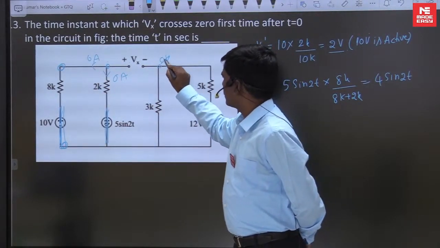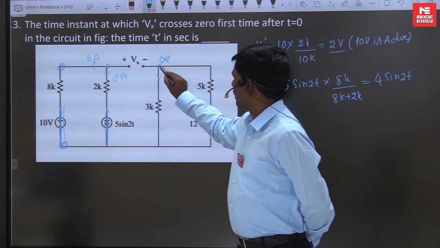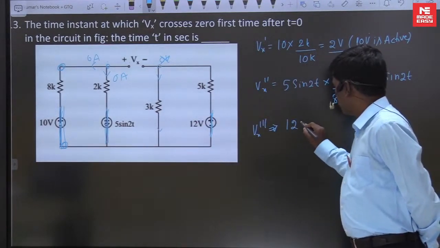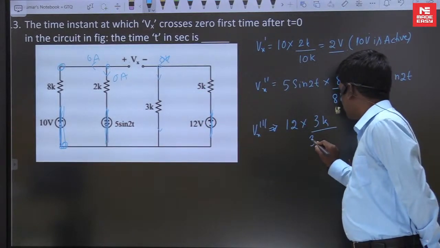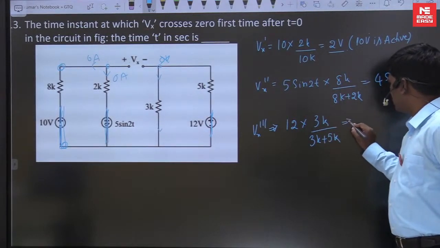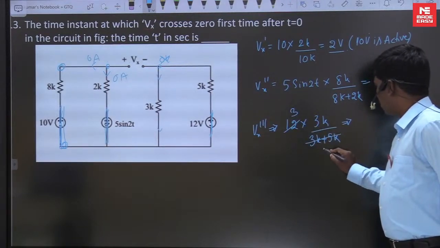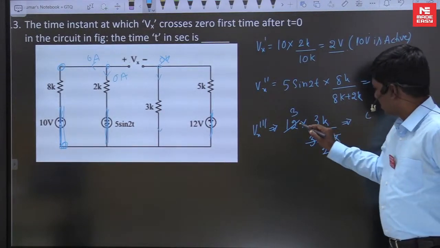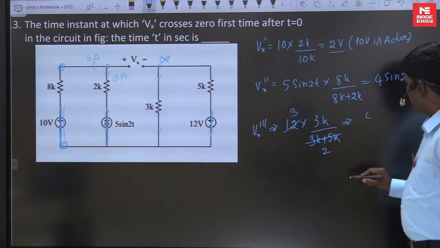So for Vx, find the voltage across here: 12 into 3k upon (3k plus 5k), that is 36 by 8. So 4.5.